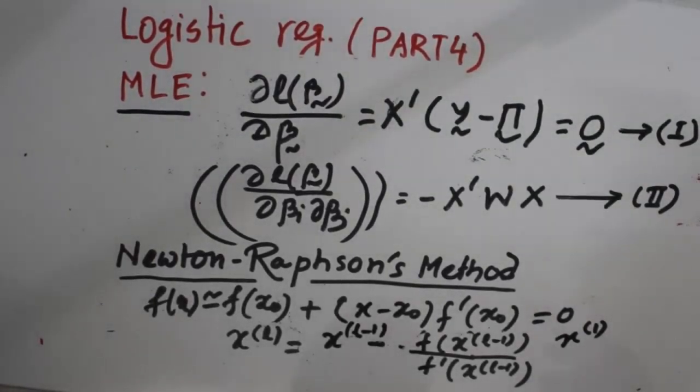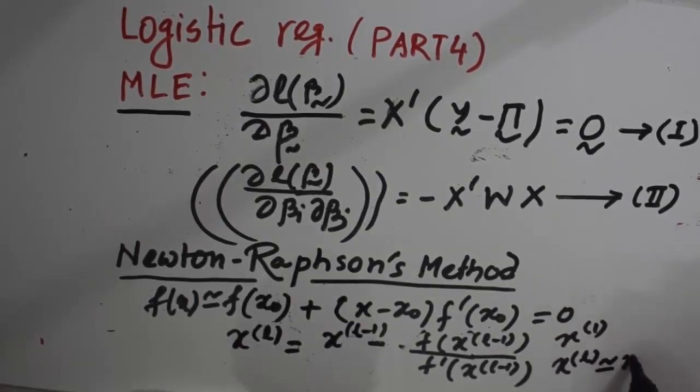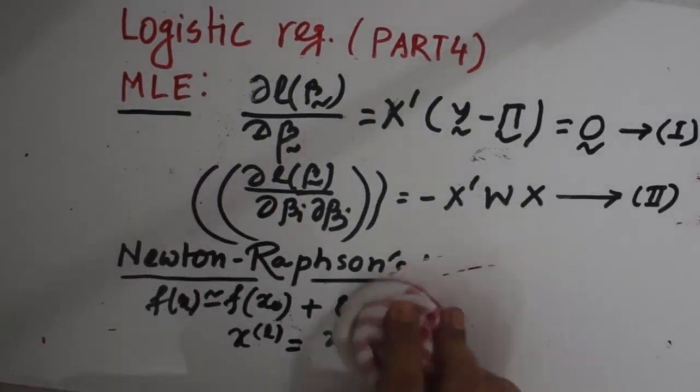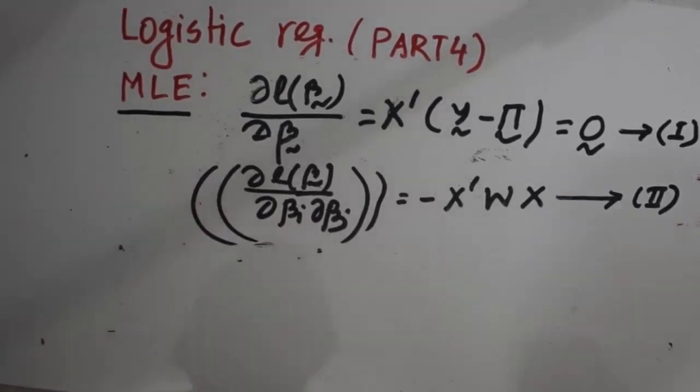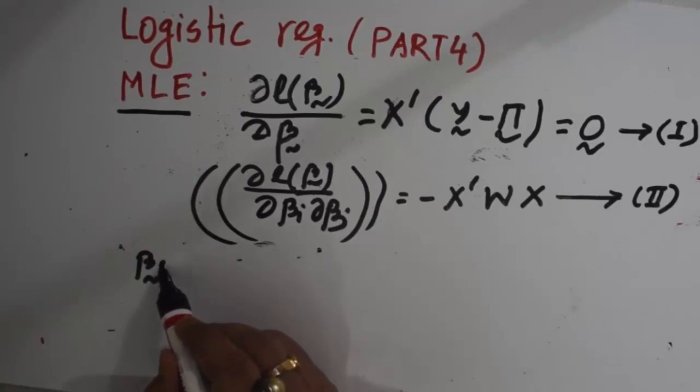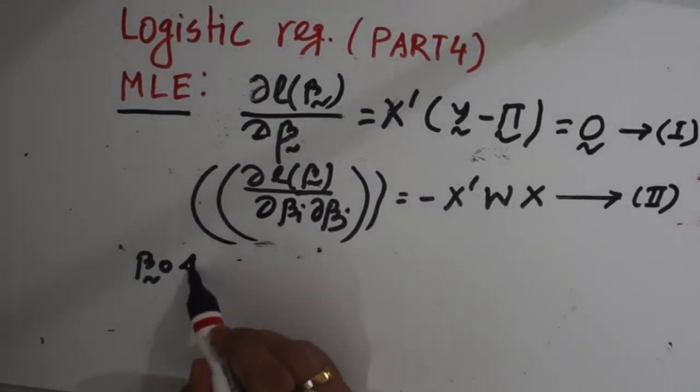We proceed, or stop the method, until x l is approximately equal to x l minus 1 up to the desired degree of accuracy. This is the procedure of the Newton-Raphson method. So here I use the Newton-Raphson method. The first guess is beta curl naught. This is the first guess or initial guess.